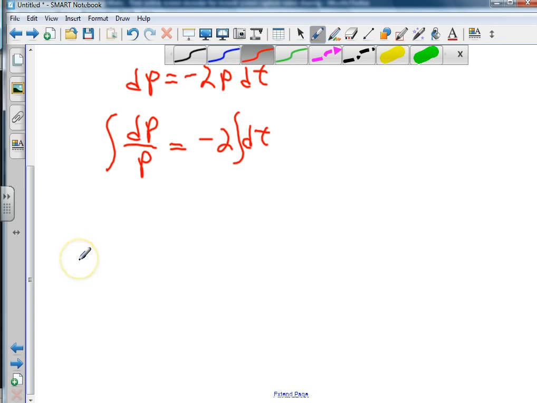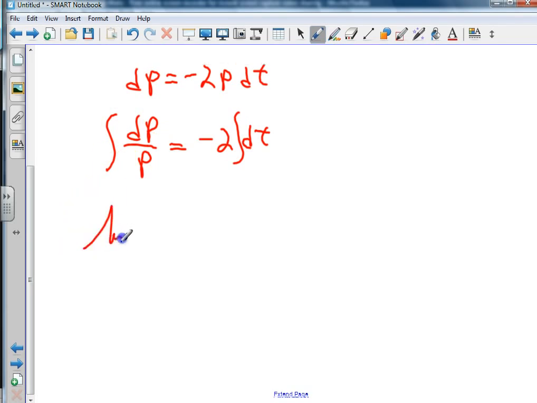We did this form 100 times today already. ln absolute P equals negative 2t plus a constant. All right, now that's an answer. That's a general solution. There's no derivative in here anymore, so that describes a function whose derivative they're talking about up here. But can you get P alone?